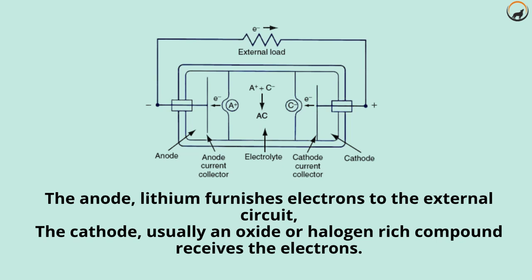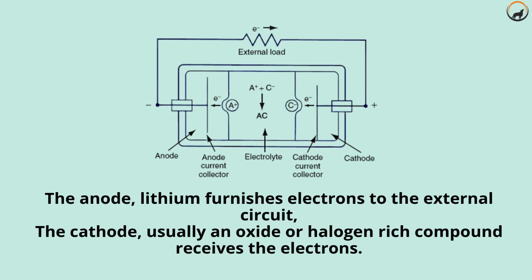The anode, usually lithium in most medical batteries, furnishes electrons for the external circuit, whereas the cathode, usually an oxide or halogen-rich compound, receives the electrons. The anode is defined as the electrode at which electrochemical oxidation occurs, and the cathode as the electrode at which electrochemical reduction occurs.